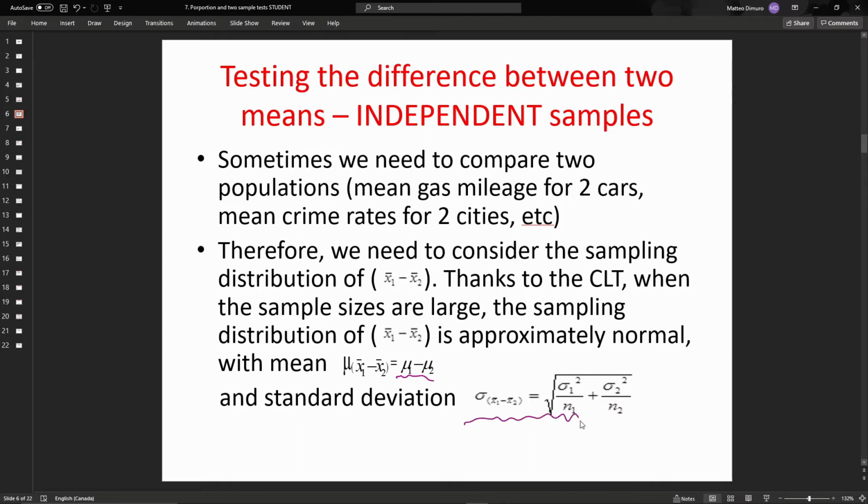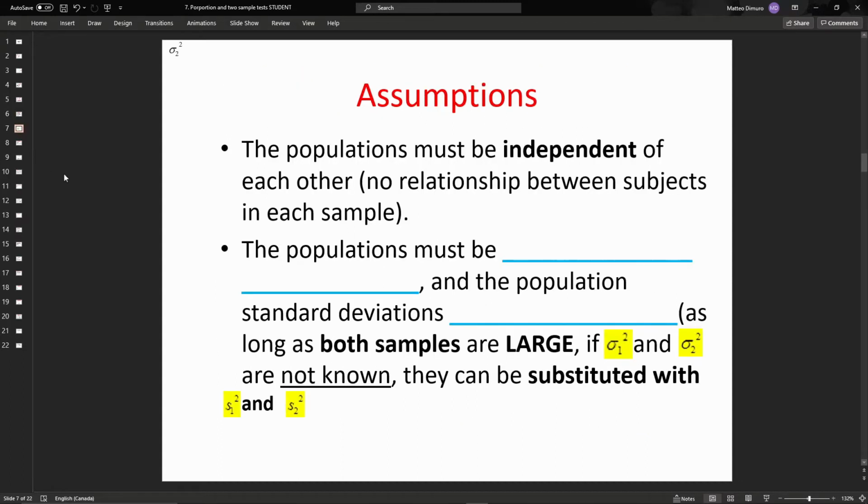And this is the standard deviation. Remember, standard error is always a bit tricky. We have to average those out as well and do the square root. What's the formula? A little bit more before we get there.